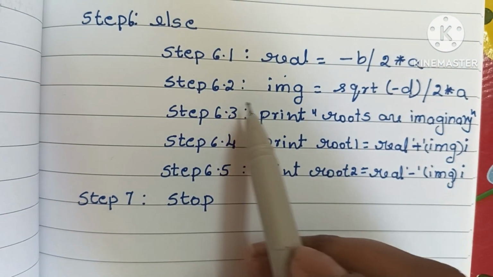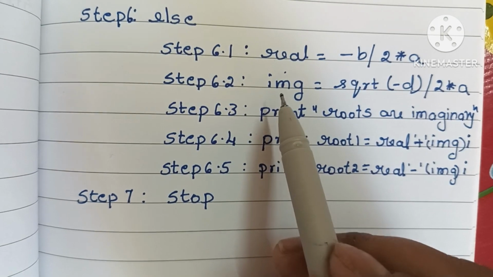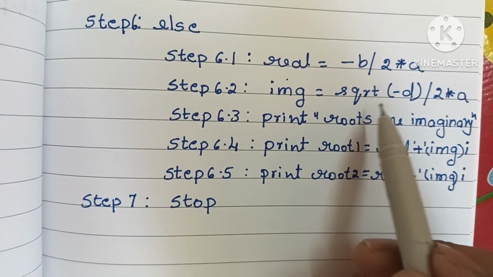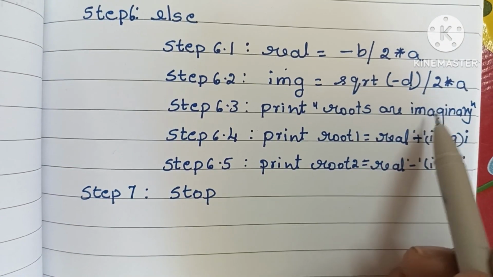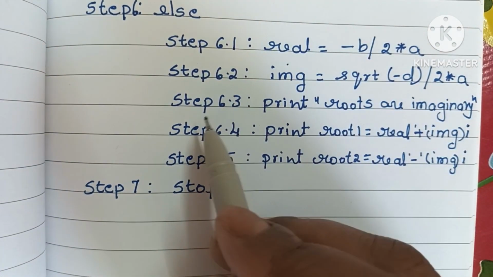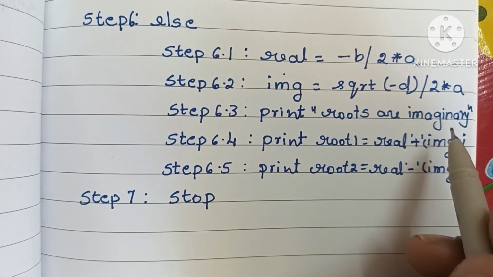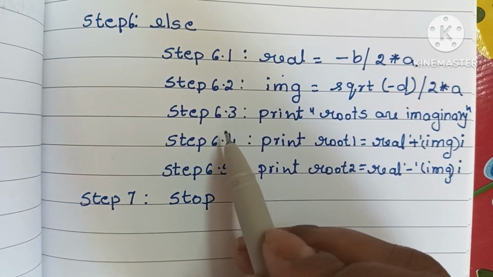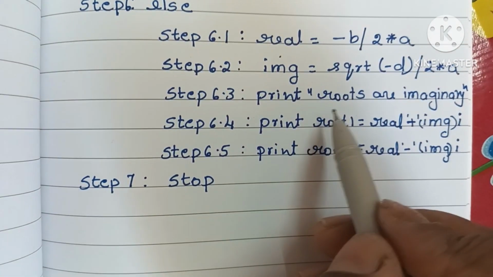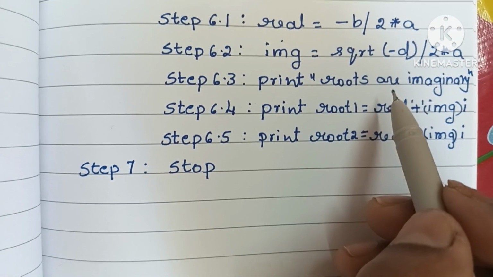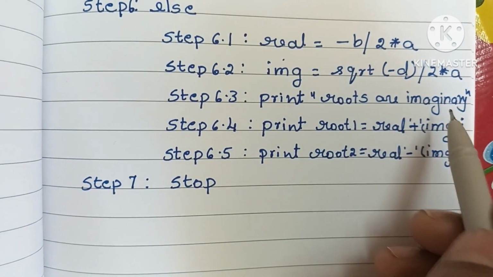In step 6.2 we have to calculate imaginary part, that is img is equal to sqrt minus d divided by 2 into a. In step 6.3 we have to print roots are imaginary. If d value is less than 0 then roots are imaginary.